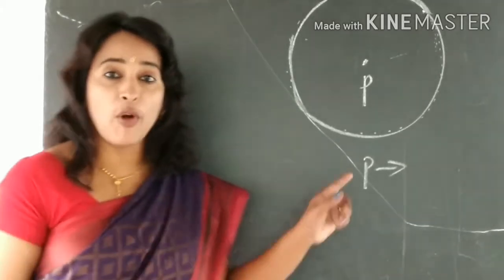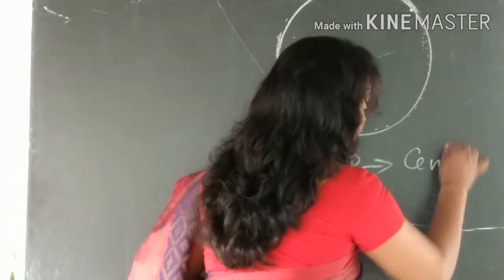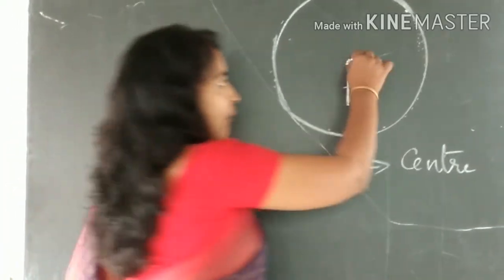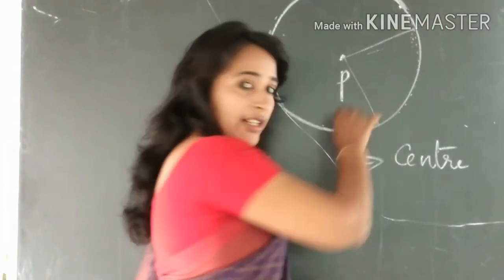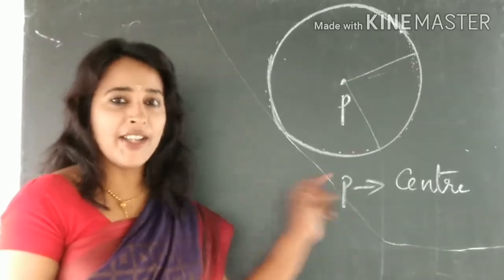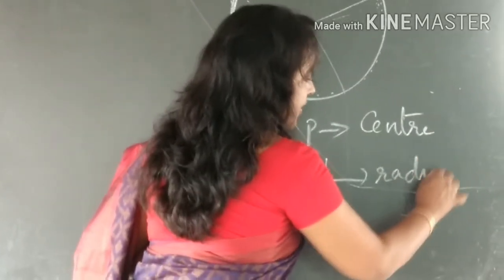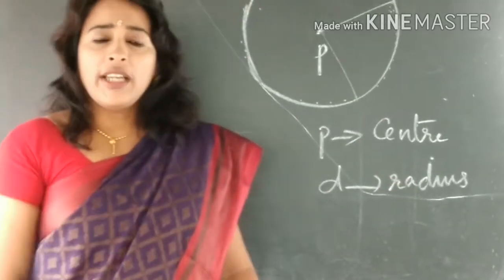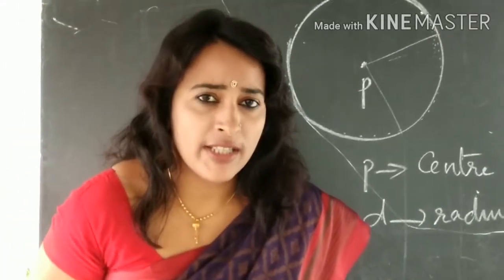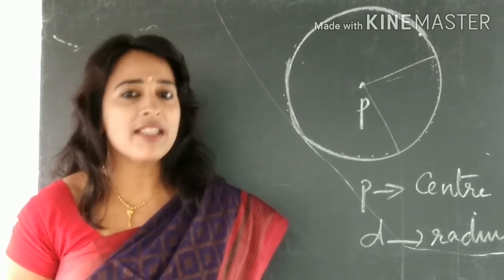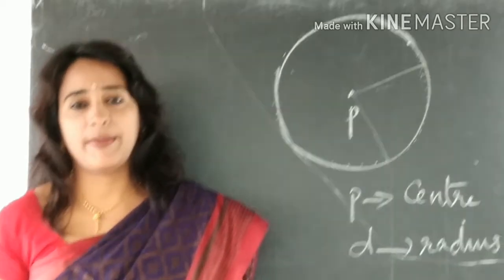The fixed point is called the center. And you also know that the fixed distance we now consider is the radius of the circle. So the fixed distance is radius. Okay, so we defined circle in such a way that it's a locus of points equidistant from a single fixed point.